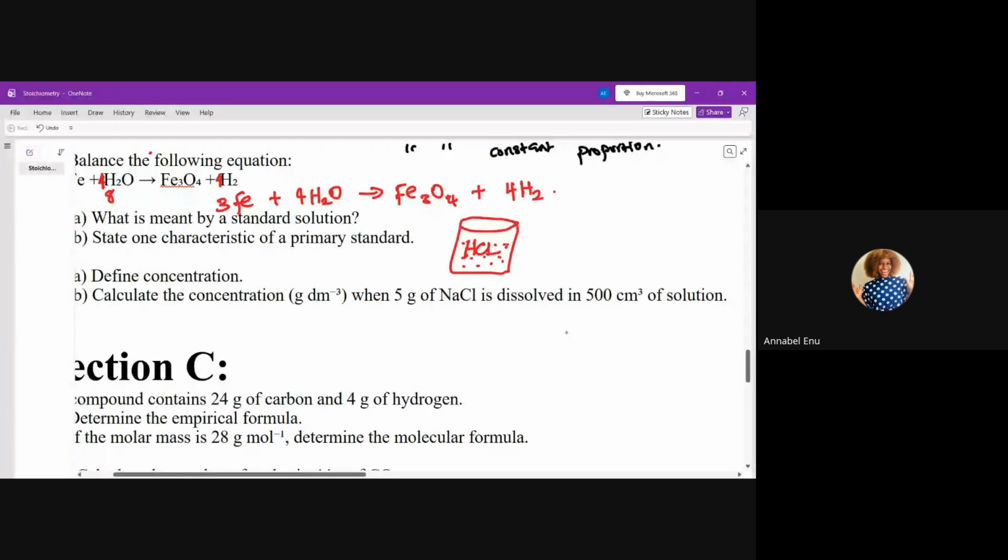when 5 grams of sodium chloride is dissolved in this volume. So one thing is calculations. There are many formulas in this particular topic of stoichiometry.